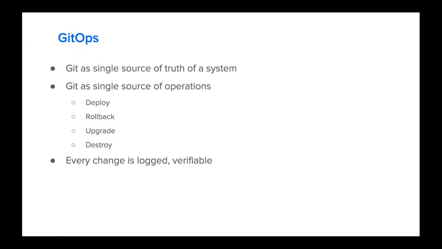I could mention that in my Git repository, and with the help of GitOps tools, I could say, okay, go and deploy the same deployment on my Kubernetes cluster. That's what, in a sense, GitOps is, where Git becomes your single source of truth and the single source of operations. We can deploy our applications, we can roll back.